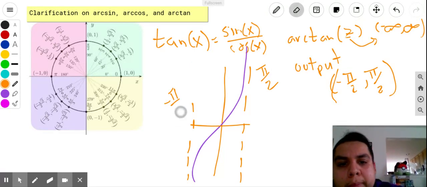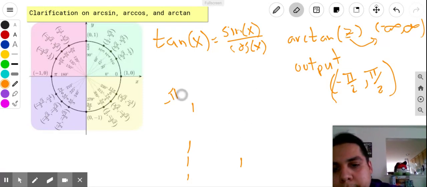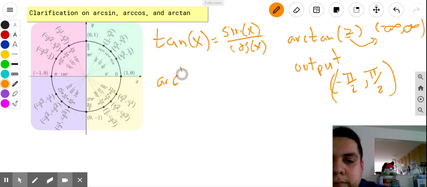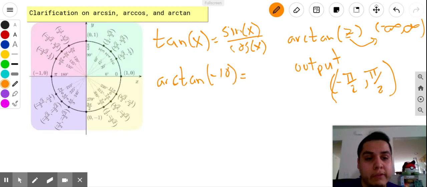So when you have a problem like this for the arc tangent, let's say it's arctan of, I don't know, negative 10. Right? That's not one of the special reference angles or special values that we know. It's not anything we've seen before, so now we go to the calculator.